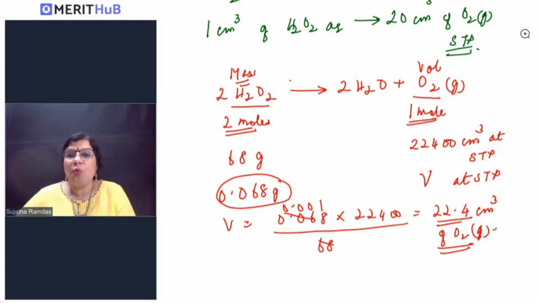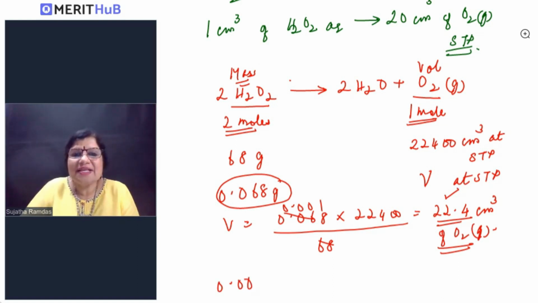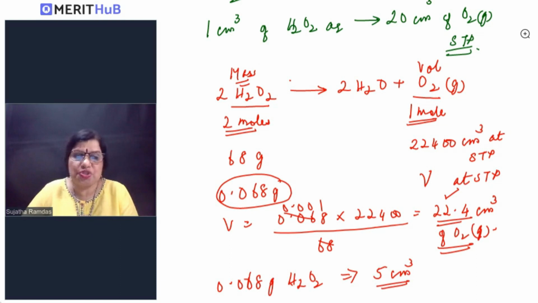We want the volume of oxygen gas produced from 1 cubic centimeter. So we know that 0.068 grams of hydrogen peroxide corresponds to 5 cubic centimeter solution. So how do we proceed with the calculation?